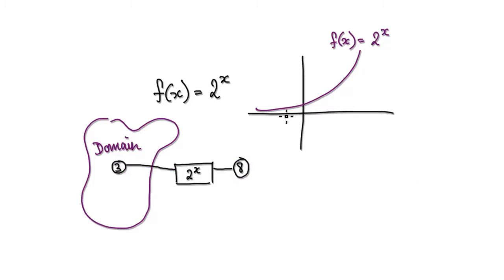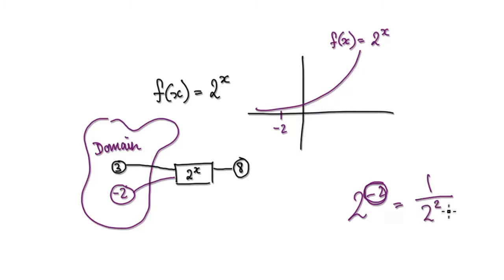If you put in, let's say, a negative 2, you see negative 2 is in the domain. 2 to the power of negative 2, we don't understand what it means to have a negative power, so we jump to 1 over 2 to the power of the positive version. This is actually 1 over 4. So if you put negative 2 into the machine, it will spit out the number 1 over 4.